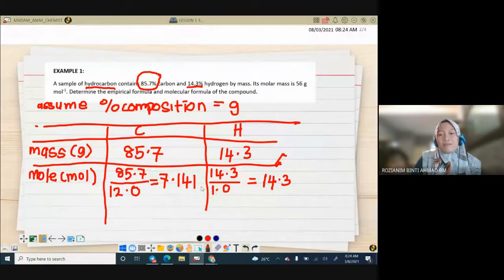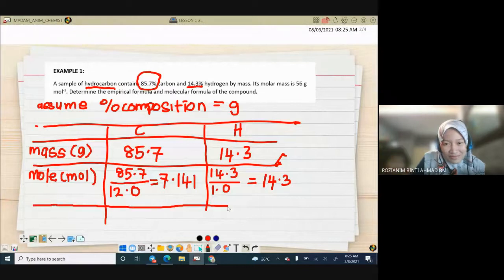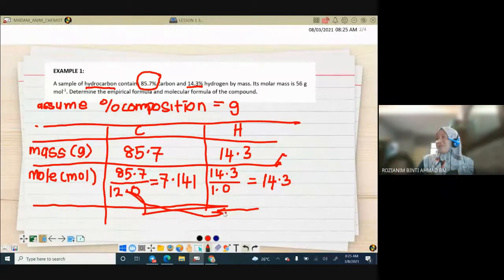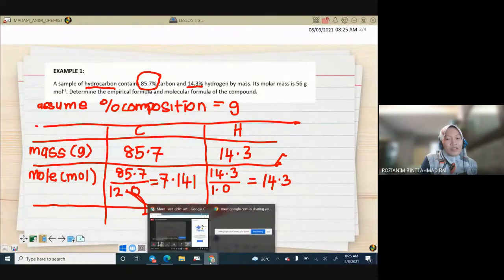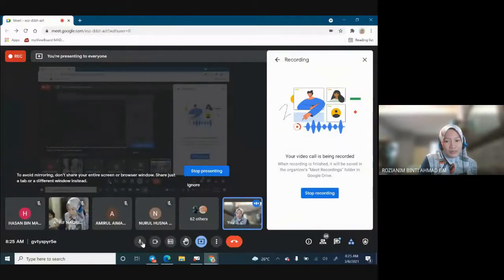Okay, tak, kejap. Kejap. Okay, so saya let sekejap. Okay. Alamak, kerja conteng. Okay. Okay, so cari dulu mole ratio. Sekejap. Saya tunggu dulu.